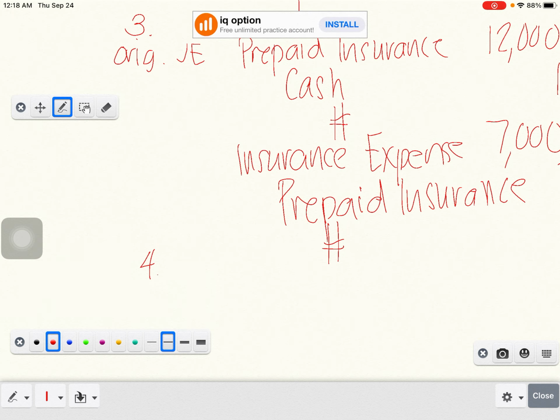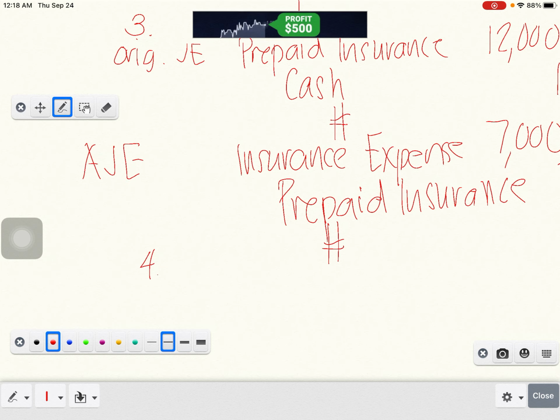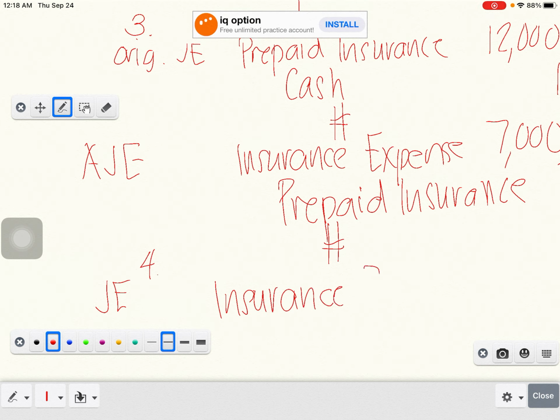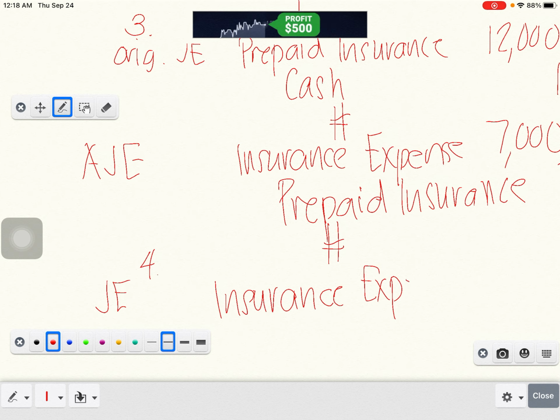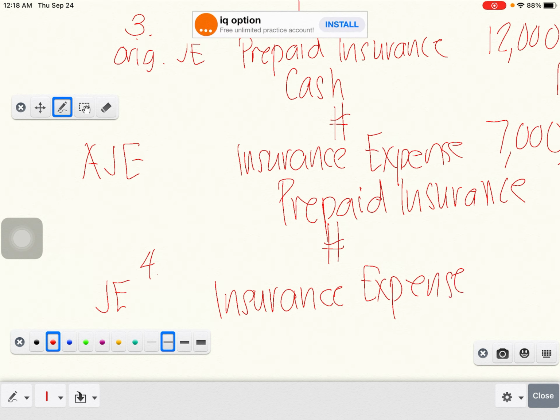How about number 4? Expense method, original journal entry sa track na punta. So sa track, your journal entry, expense method, so this is insurance expense. That's a total of 6,000.